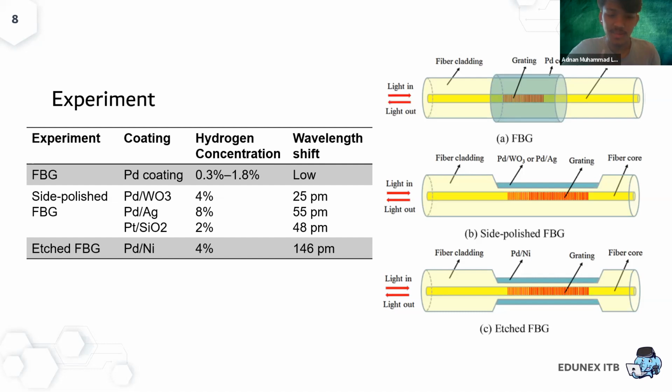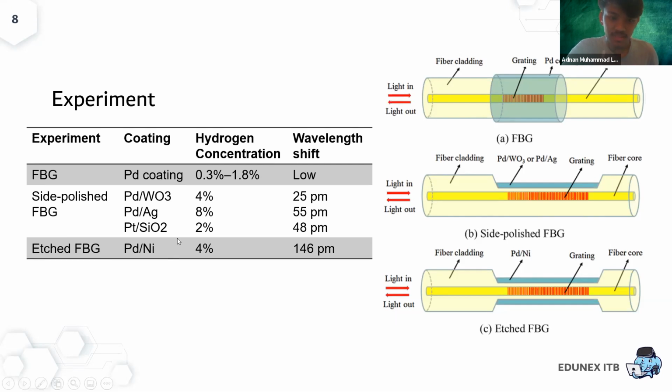So as we can see, the coating material that is used is directly related to the wavelength shift, which means it has a linear relationship with the efficiency of the sensor.